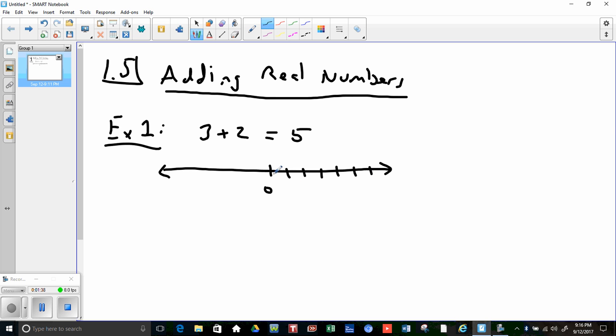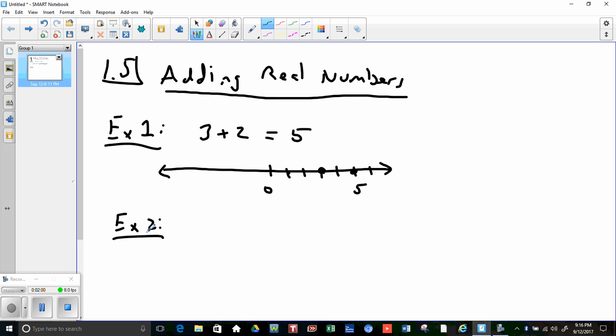So if I start at 3, it means I start at 0. I'm going to go 3 spaces to the right. 1, 2, 3. I would be right here. And then I'm going to add 2 more spaces, or go 2 more spaces to the right. 1, 2. I would end up at 5. Again, that's a relatively simple one. It's the concept that I'm concerned with.